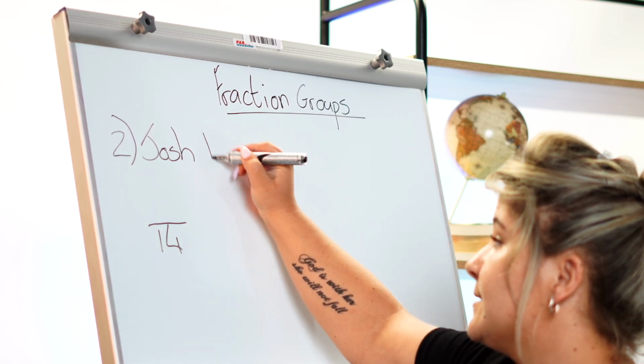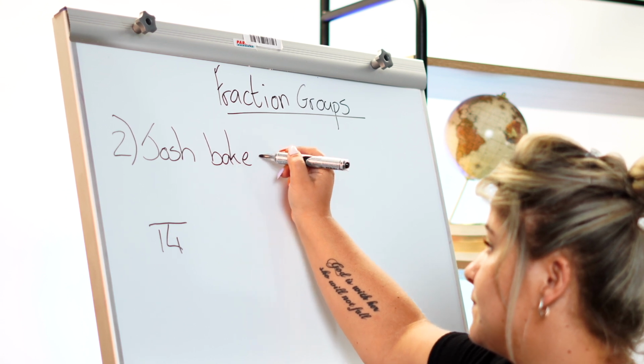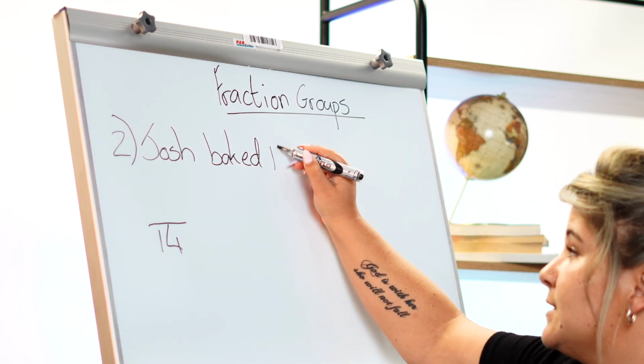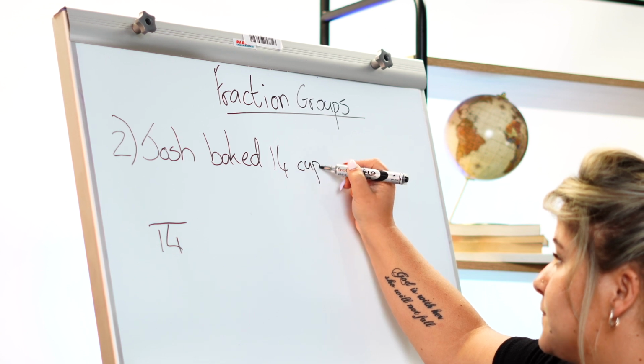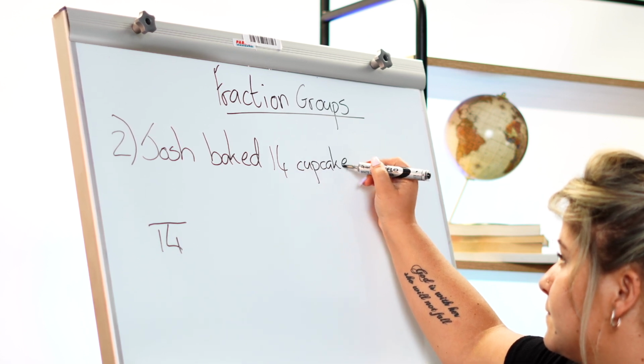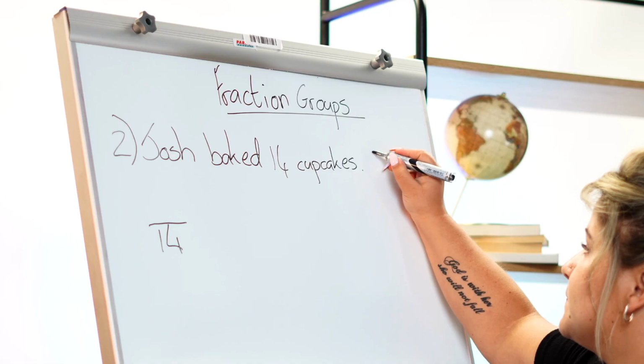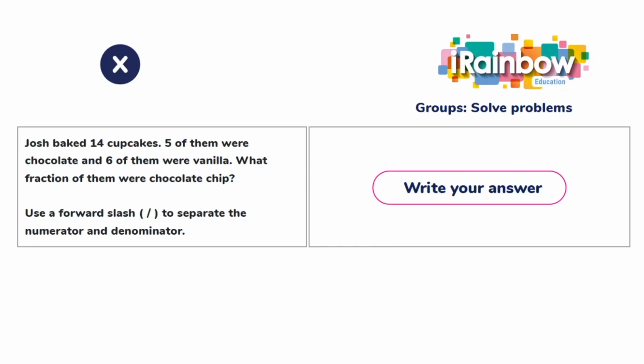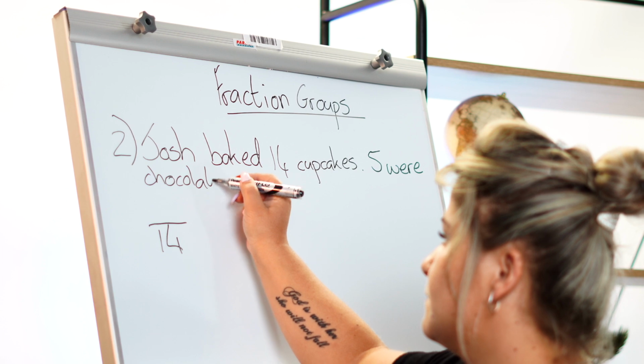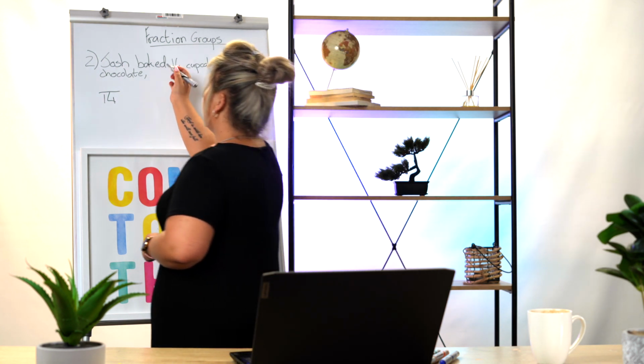So Josh baked 14 cupcakes. Next part of our fraction is that 5 of these cupcakes were chocolates. Right? And 6 of the cupcakes were vanilla.